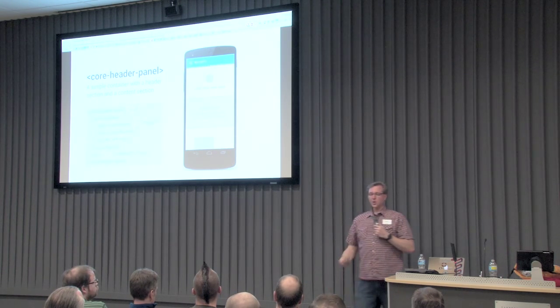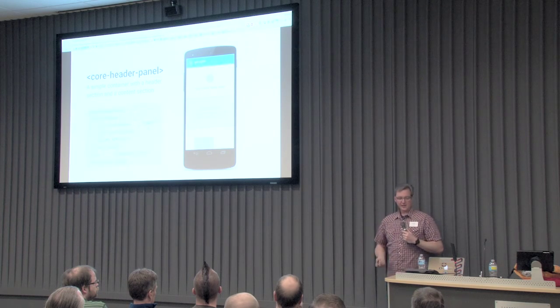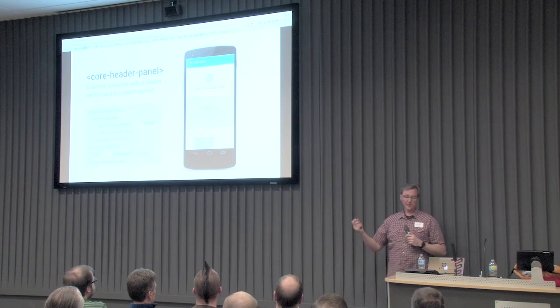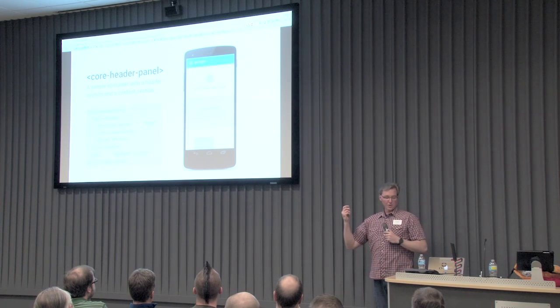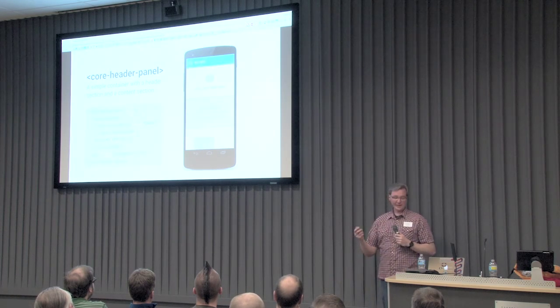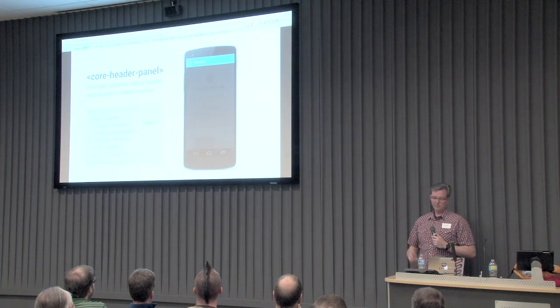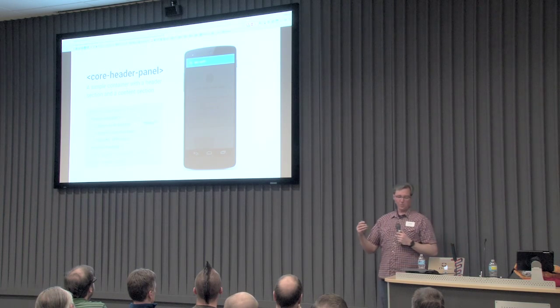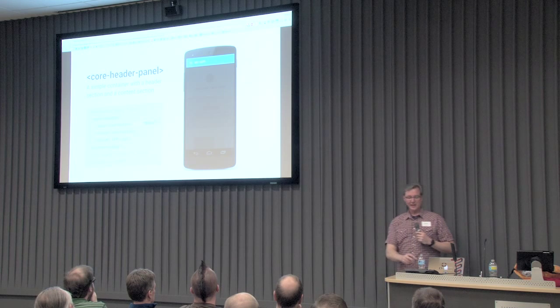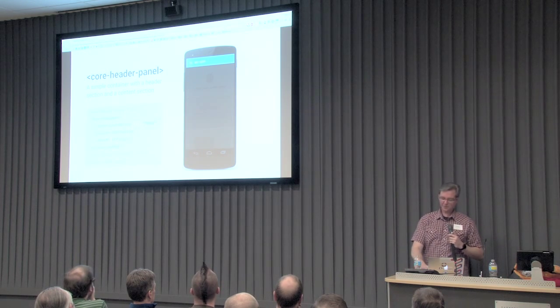So another core element is this. The common pattern is to nest this core toolbar in another element called the core header panel, with a header section on top, and a content section below, which is a good place to put our elements.